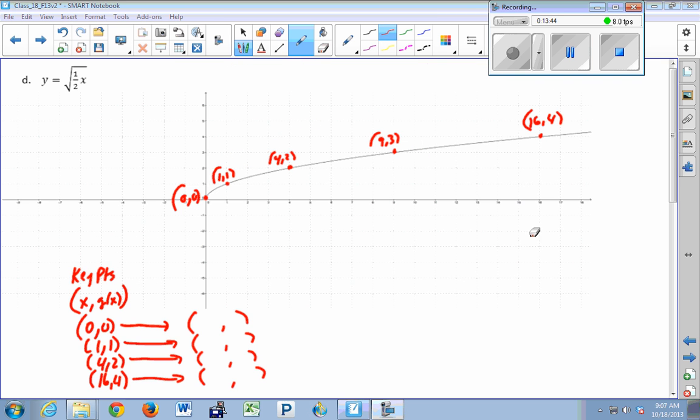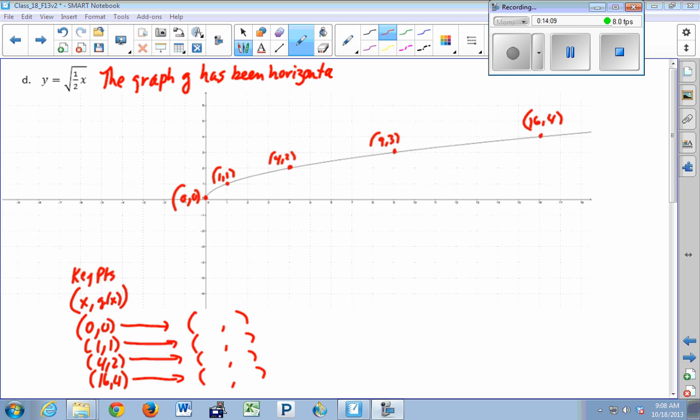What's going on here? What are we doing to this? Yeah, Eric? It's a horizontal stretch, right? It works opposite of what we think. So the graph of G, our original graph, has been horizontally stretched.